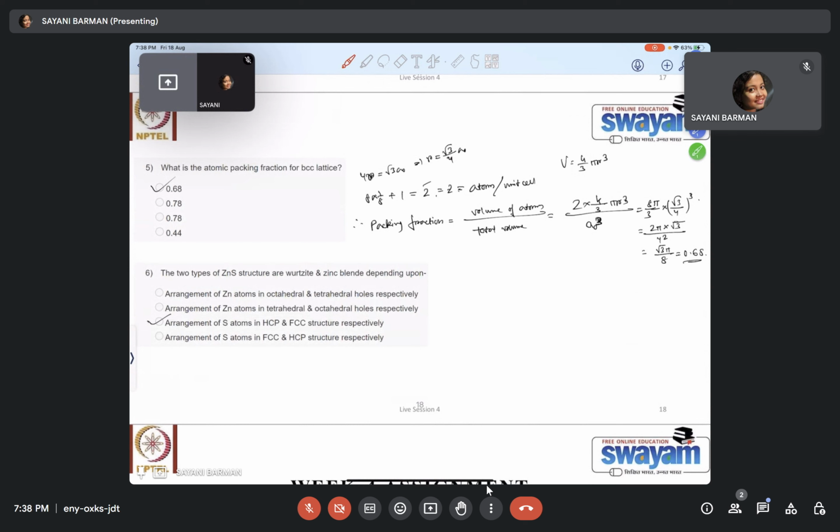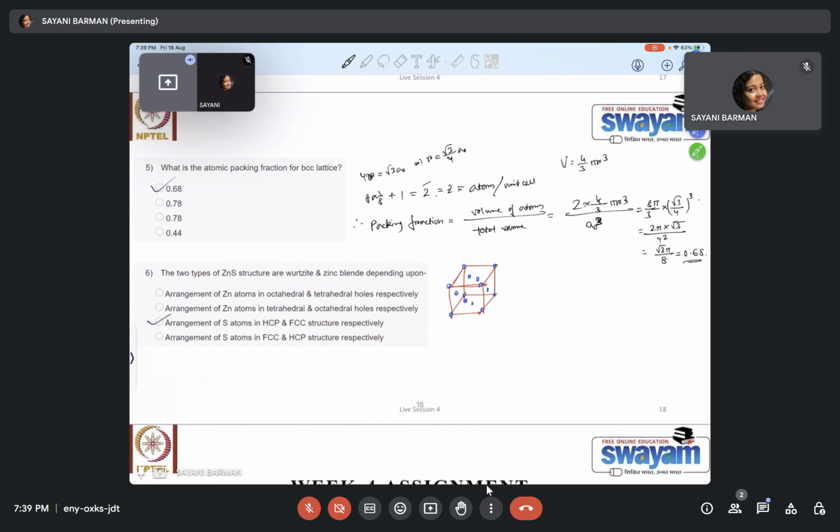First is zinc blende. The anions will be at the 8 corners and the face centers. So there is an anion up here. And then the cations. Where are the cations? Cations are in the opposite tetrahedral holes.